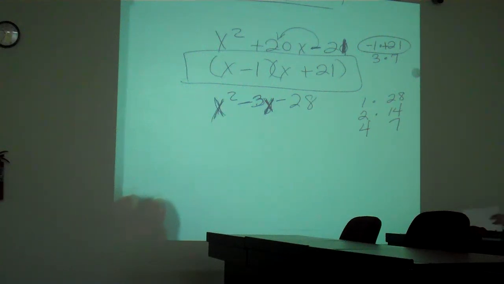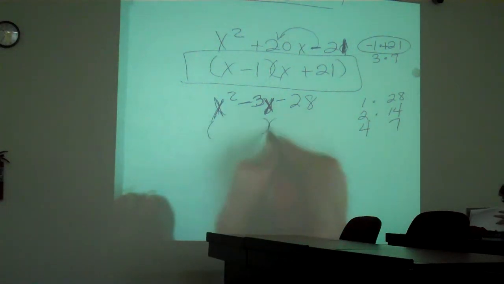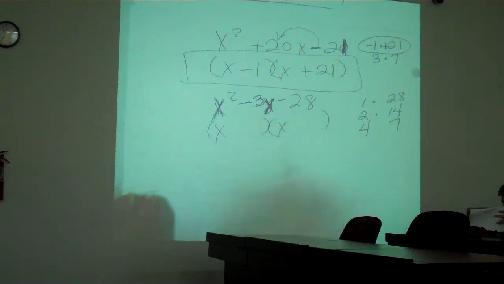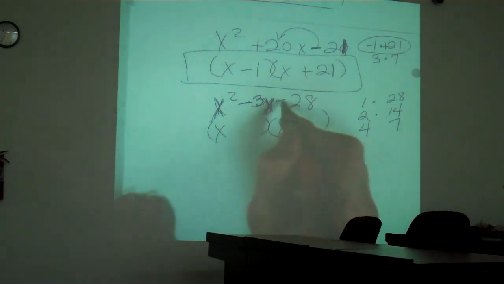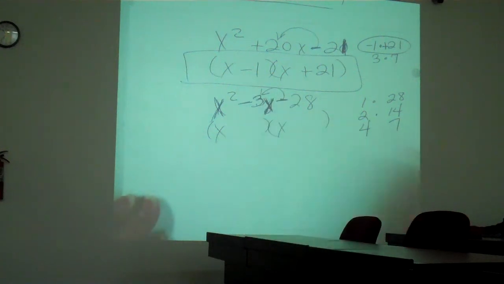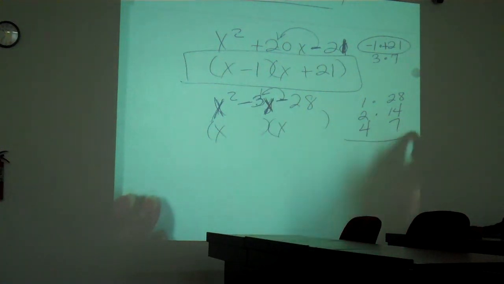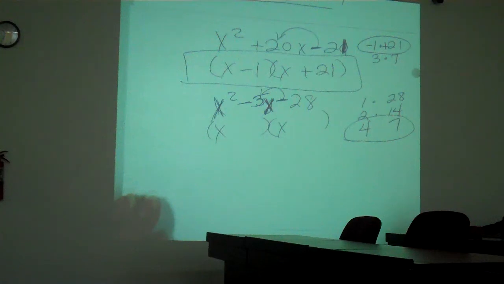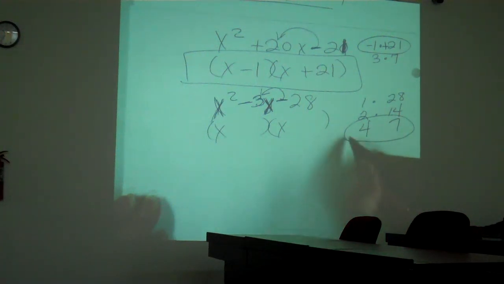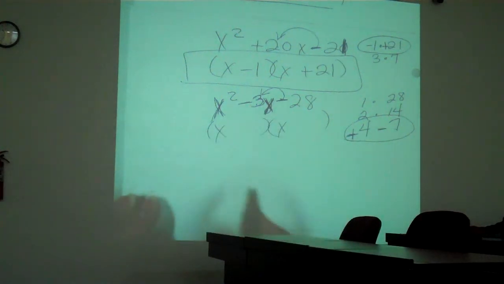Okay, subtract to give you 3 is your 4 and 7, right? Okay, positive 4 or positive 7? Positive 4 and negative 7. The sign on the larger will give you negative 3.